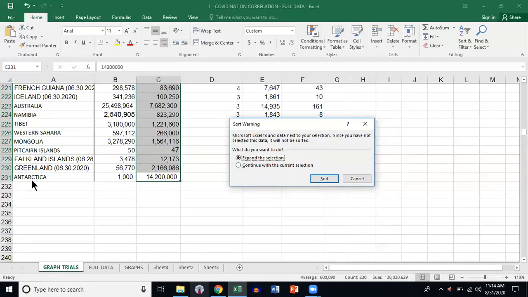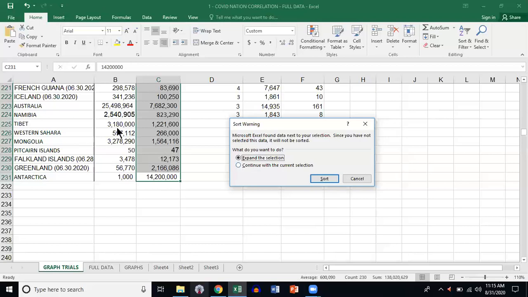Antarctica will stay down here and the 14 million will go up in the ranking to one of the highest numbers. And Pitcairn Islands is probably going to move very far down here. Well, it's toward the bottom, but the 47 will no longer be associated with the Pitcairn Islands, okay?